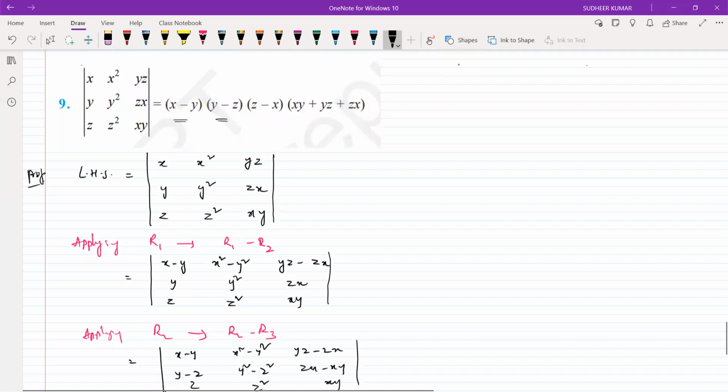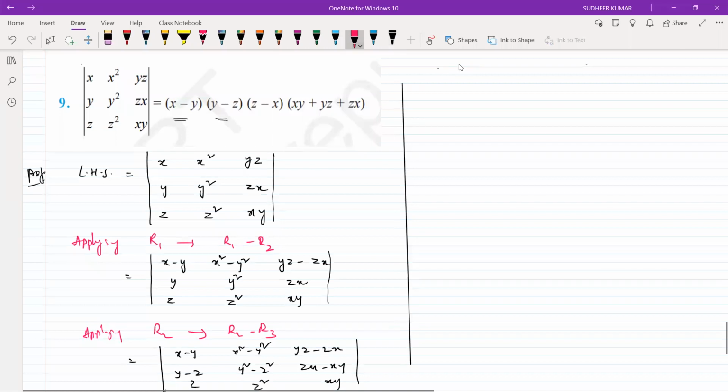Now try to simplify this. Can we take common from this? From this one, z common, so y minus x. So we can write x square minus y square as x minus y into x plus y, and taking z common, we get y minus x.